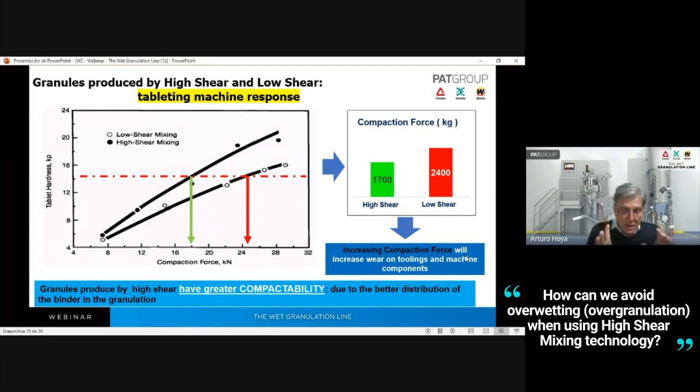Control the quantity of water or alcohol or hydroalcoholic blend. The second is to control the speed of the impeller.